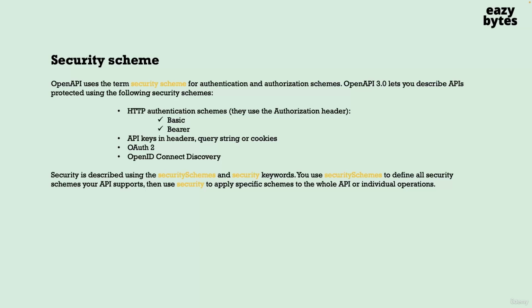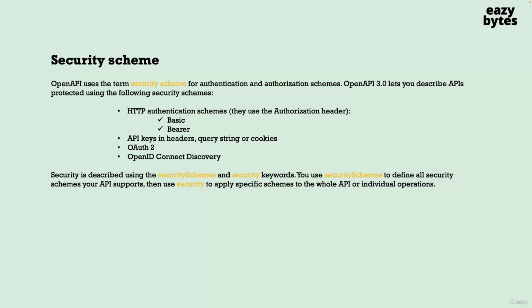So inside the OpenAPI specification, whenever we want to describe the security requirements of our APIs, we just need to make sure we are defining two objects. The very first one is security schemas. So inside components, just like how we define the schemas, responses, request bodies, parameters, very similarly, we can also define security schemas.